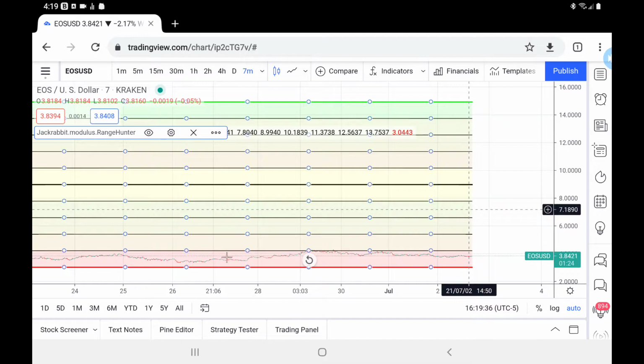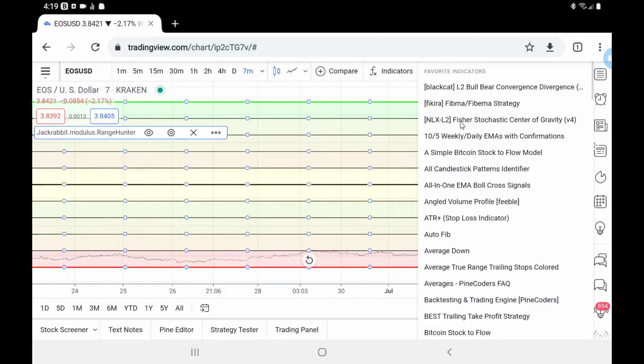Okay, so we're undervalued significantly. So now I need to decide, how do I want to approach this coin? Well, it's undervalued, so that means it's going to be a good coin to trade.